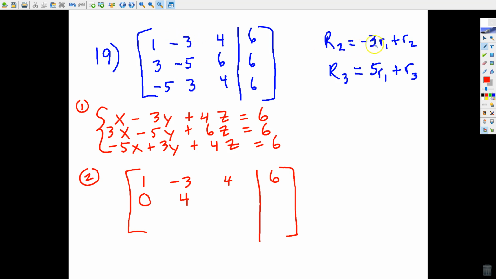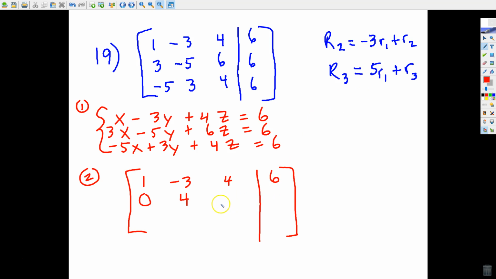So you're doing negative 3 times each element in row 1, and then add to row 2. So negative 3 times negative 3 is 9, and 9 plus negative 5. These will be given. Now eventually, when you're solving, it's going to be up to you to figure out what to do. And I'll show you what I mean by that in just a minute.